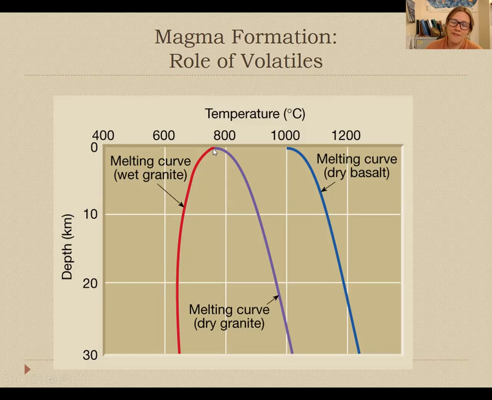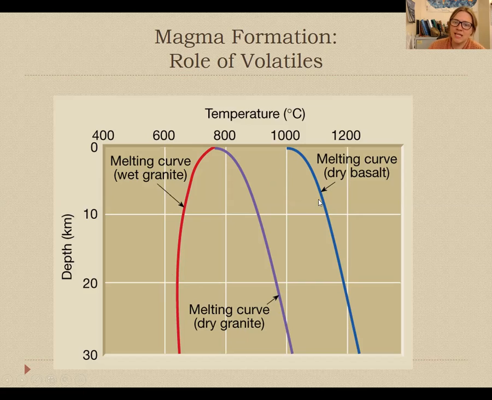So at the surface, it has a melting point that's pretty similar, about 800 degrees Celsius or 750 degrees Celsius. And then that wet granite is actually going to be able to melt at even lower temperatures, getting down to something like 650 degrees at greater pressure at depth. So the wet granite is able to melt in some cases at nearly 200 to 300 degrees Celsius lower temperature.